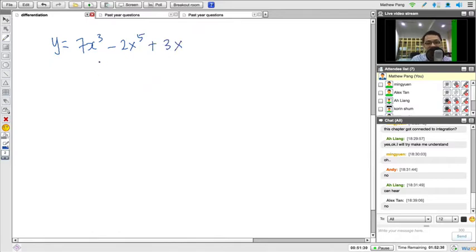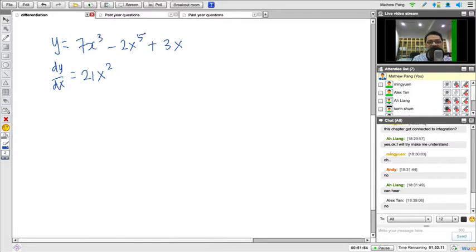When I differentiate this one, the faster way I do it is, first I move the 3 in front and then minus 1, right? So this one later will become 2. You can straight away process this in your brain. 3 multiplied by 7 is very easy, right? So it's 21x squared.